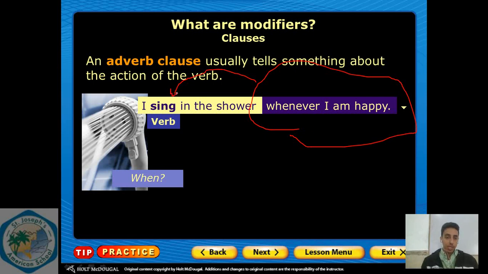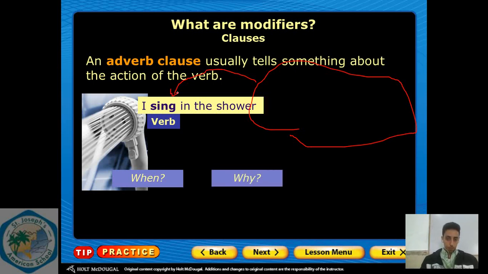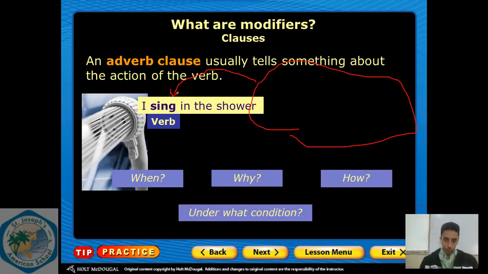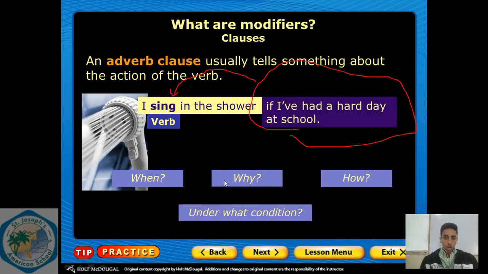Why or when do I sing? If I have had a hard day at school. This clause is modifying the main verb in the independent clause.